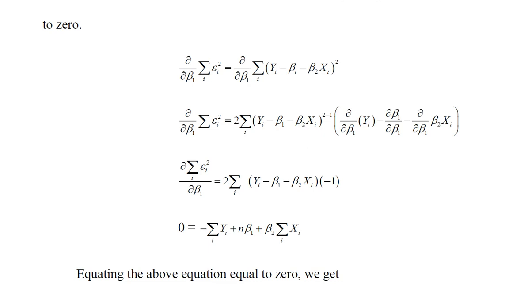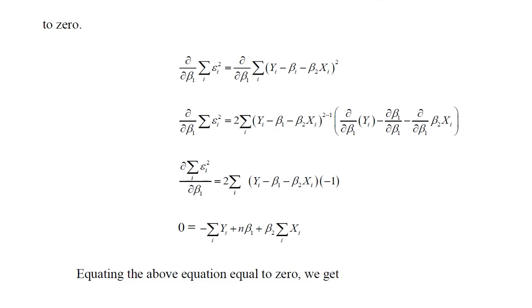According to the power rule of differentiation, we write 2 here and the power 2 minus 1, and then partially differentiate the term inside the bracket: partial over partial beta 1 of yi, minus partial beta 1 over partial beta 1, minus partial over partial beta 1 of beta 2 xi.